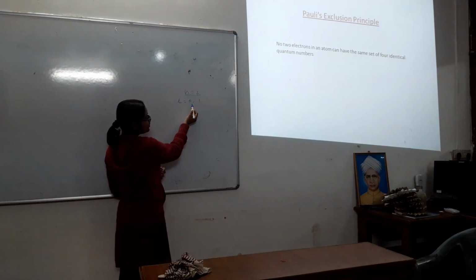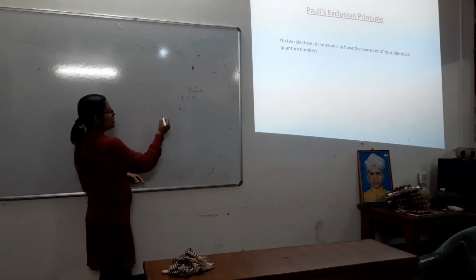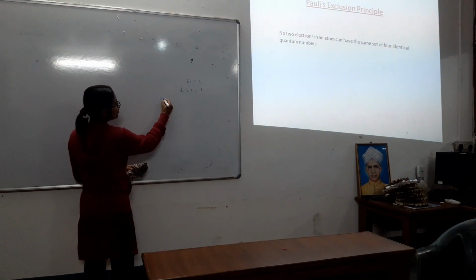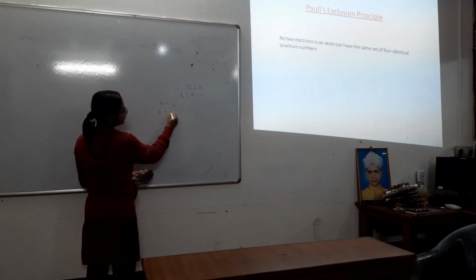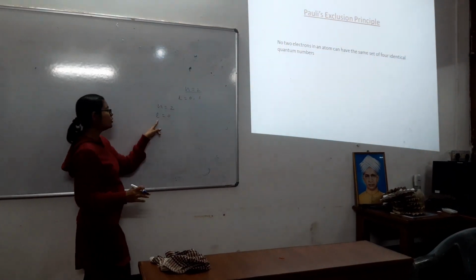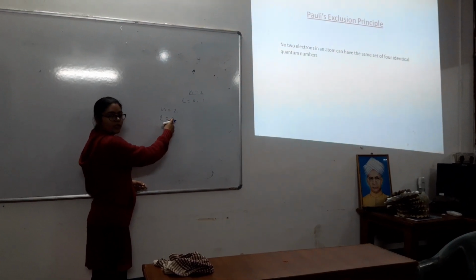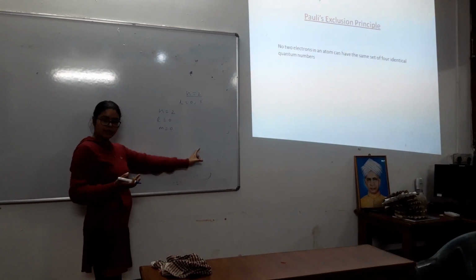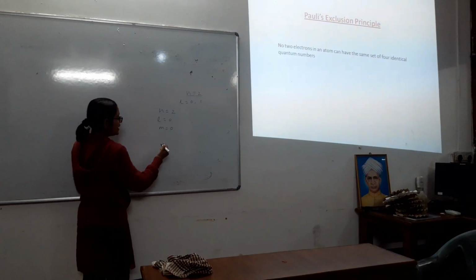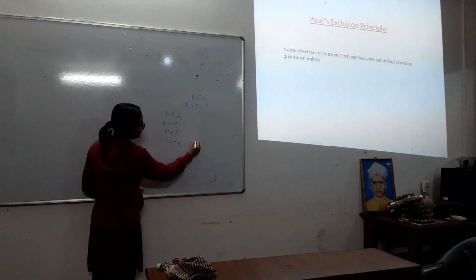So this is the set for n equal to 2. l has two values, 0 and 1. First we take this set, when n equals 2 and l equals 0. Because l is 0, and we know m has -l to +l values, m will also be 0. Spin is possible, +1/2 and -1/2.